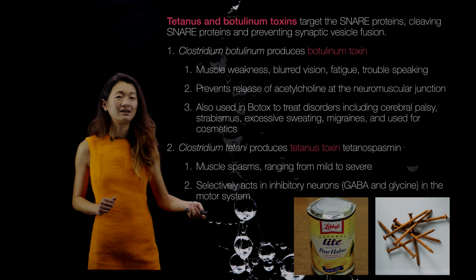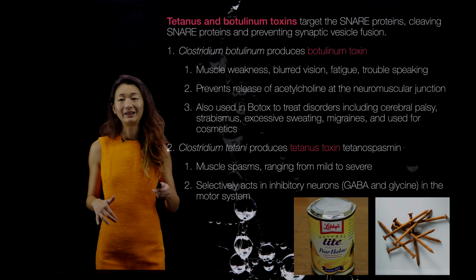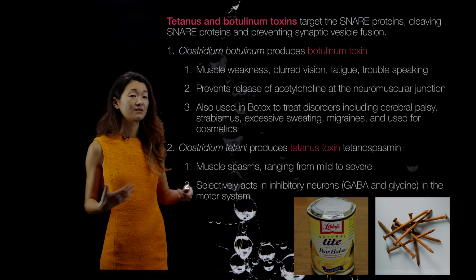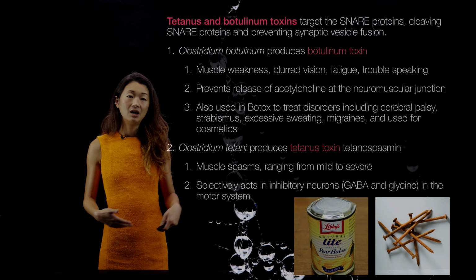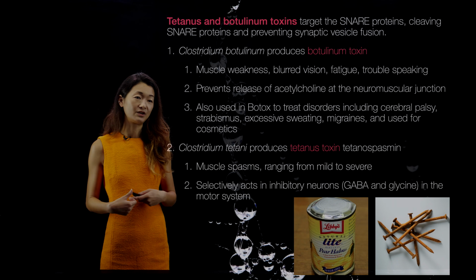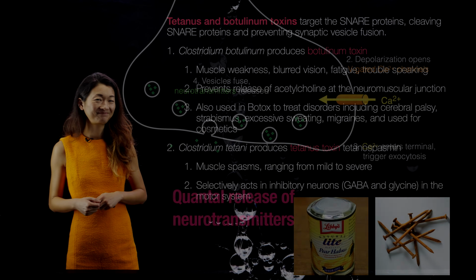The symptoms are similar, but a little bit different just because the molecular target is a little bit different. It's also targeting the muscle system, but the symptoms of tetanus, also known as lockjaw, are muscle spasms, and it can range from very mild to quite a bit more severe. So that's what happens when SNARE proteins go wrong.